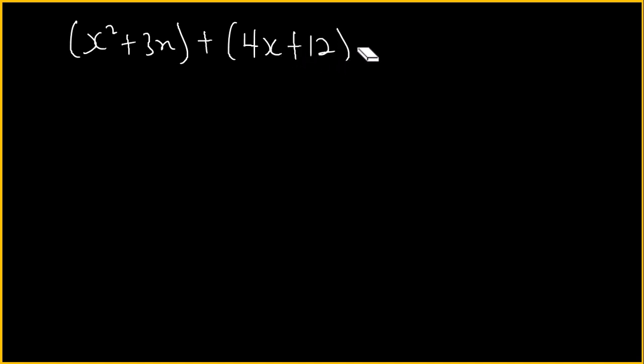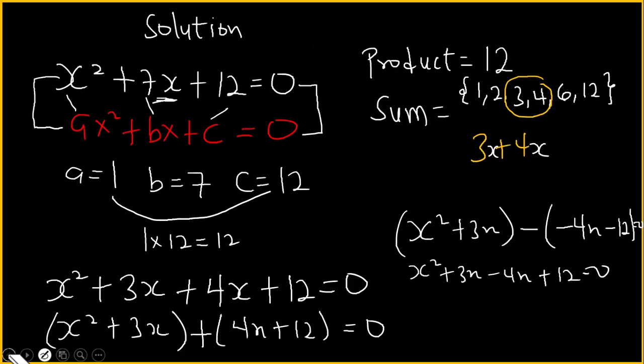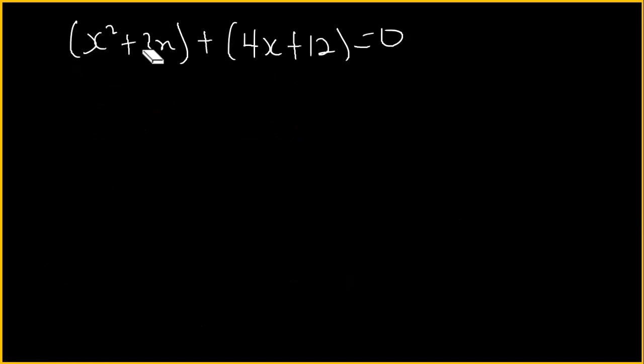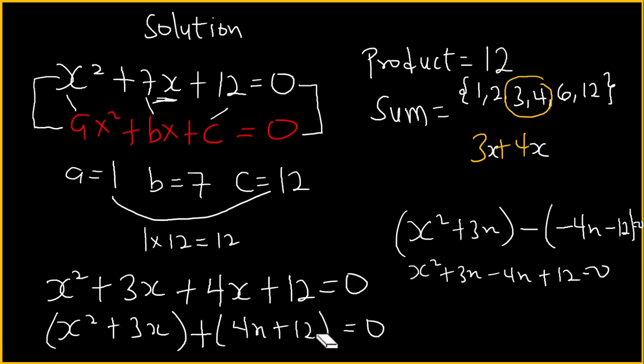So we have x squared plus 3x plus, in brackets, 4x plus 12 is equal to 0. Let's check. x squared plus 3x in one bracket, plus 4x plus 12 equals 0.